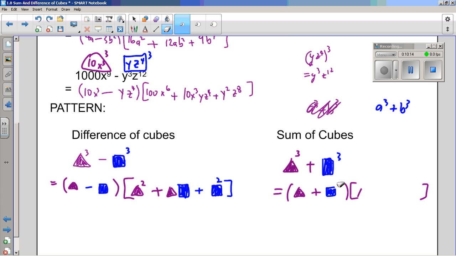I goofed that. Did you fix it? You had it right, didn't you? You got to trust yourself there. All right, and then the first term is triangle squared. The last thing is square, squared, and the middle term is this times this made opposite.